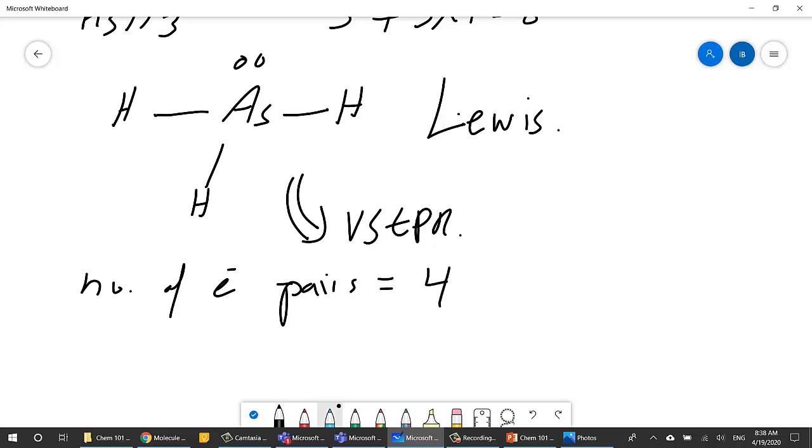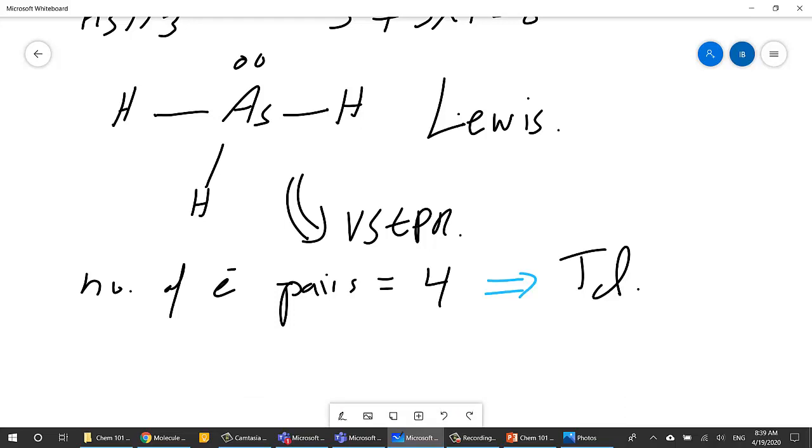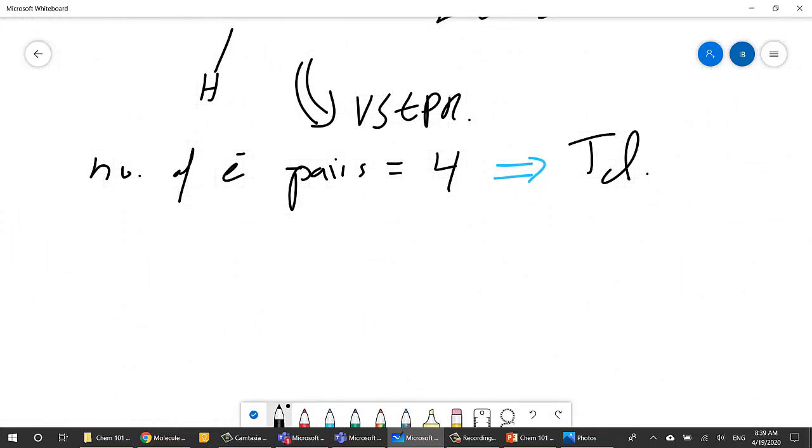Why 4? Because you have 1, 2, 3, and 4. So this actually belongs to the tetrahedral group. This is tetrahedral, but it does not look like tetrahedral, so you want to draw it.